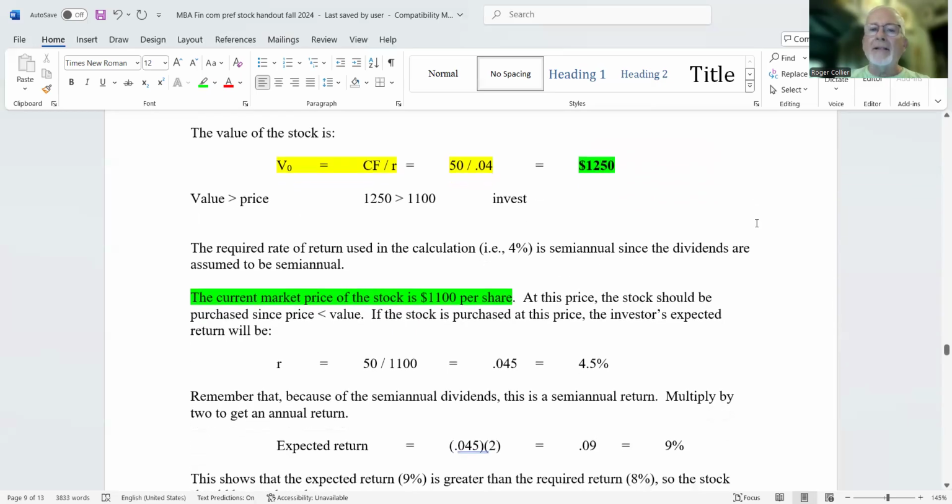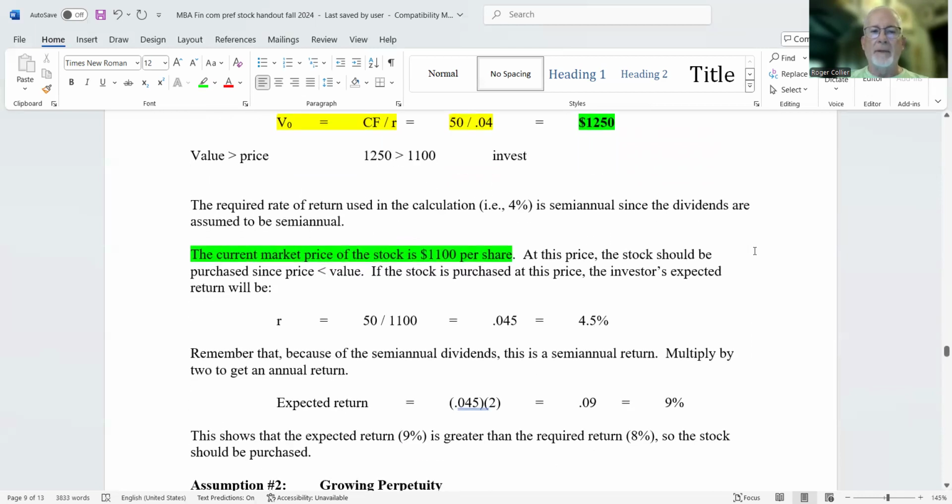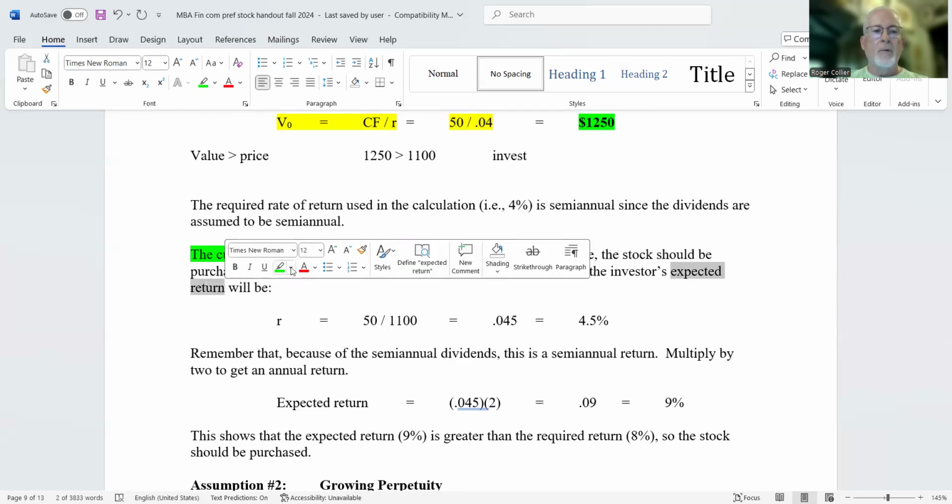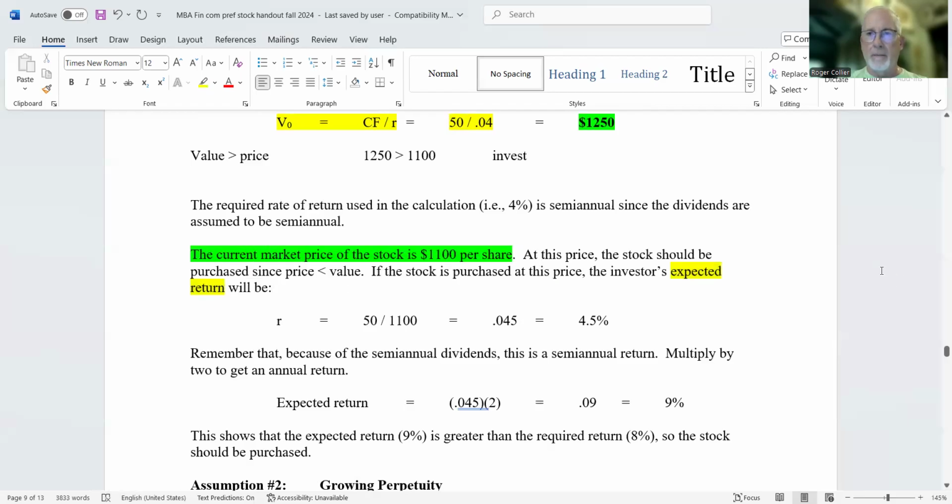Okay. Now, as always, we go that extra step to find the expected return. With bonds, that expected return was the yield to maturity. Right? With stock, we just call it expected return. It doesn't have a special name.